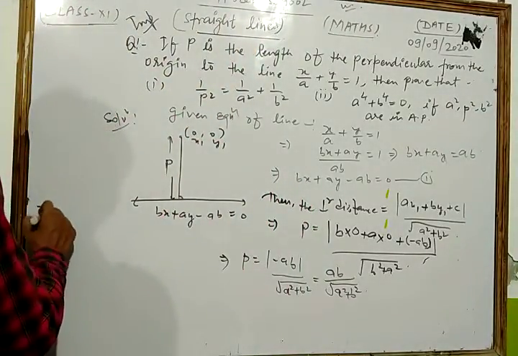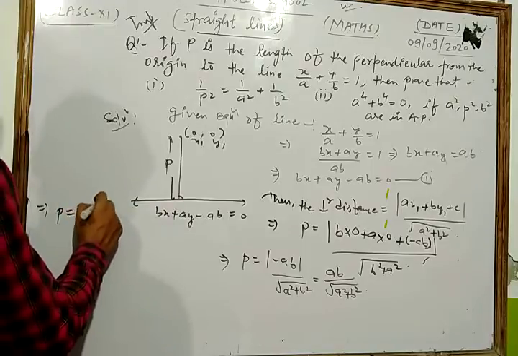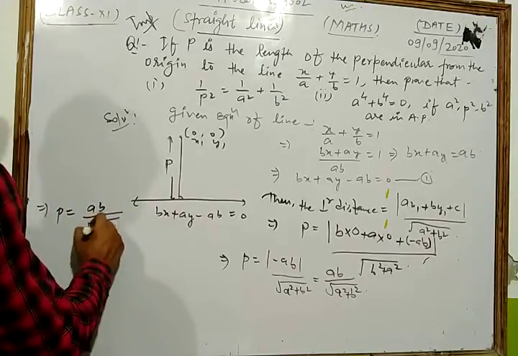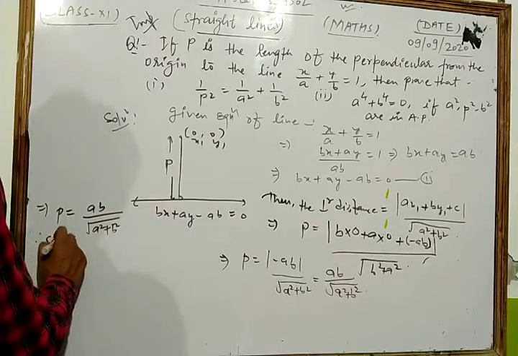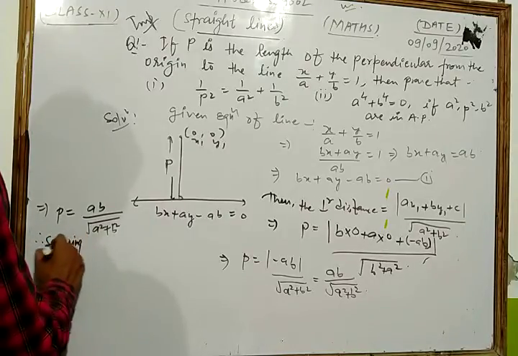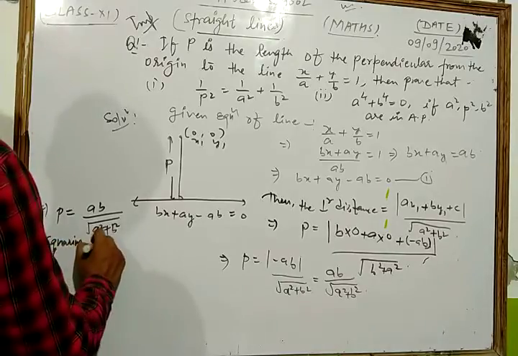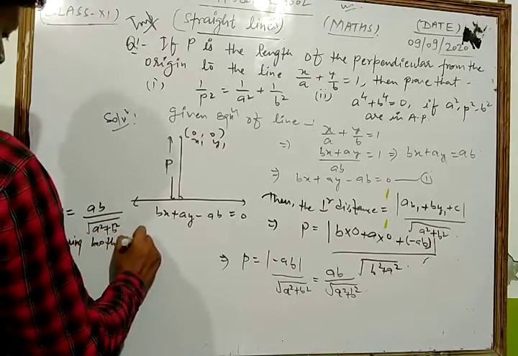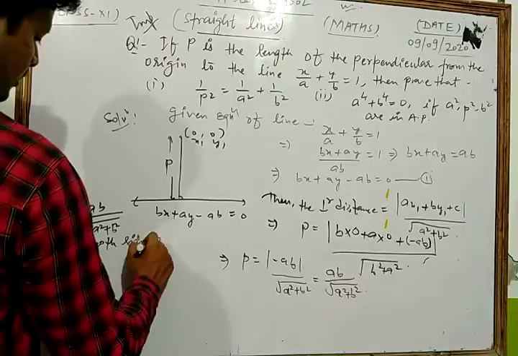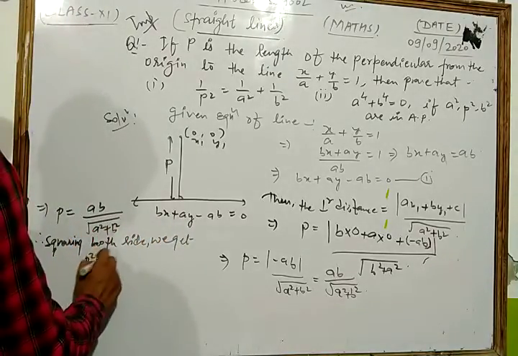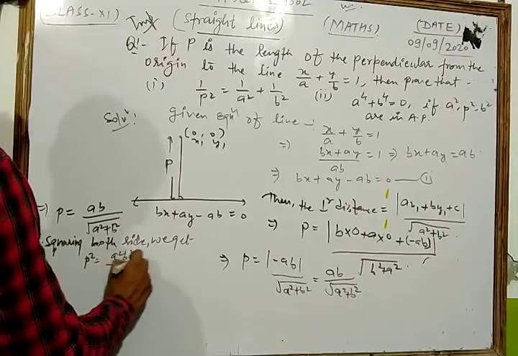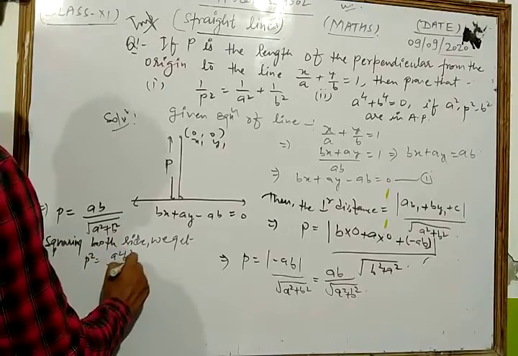Since p is equal to ab upon under root a square plus b square, squaring both sides, we get p square is equal to a square b square upon a square plus b square.